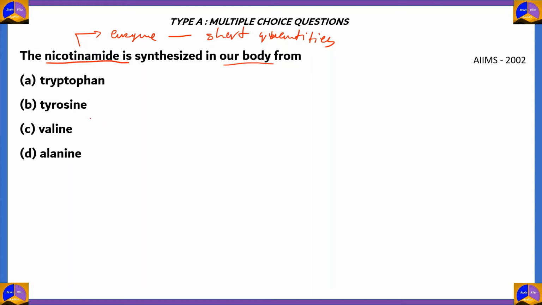Let's look at each of our options. Alanine gives you strong immunity, so option D is incorrect. Option C, valine. Valine is found in muscles, so it is used for maintaining muscles.